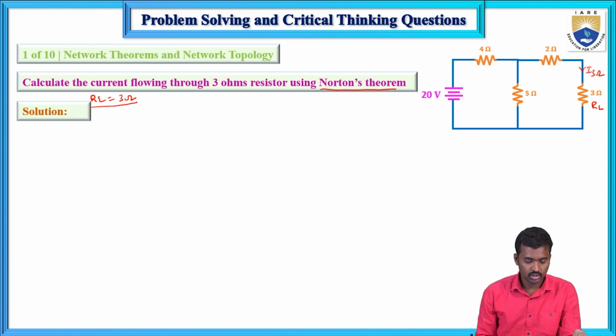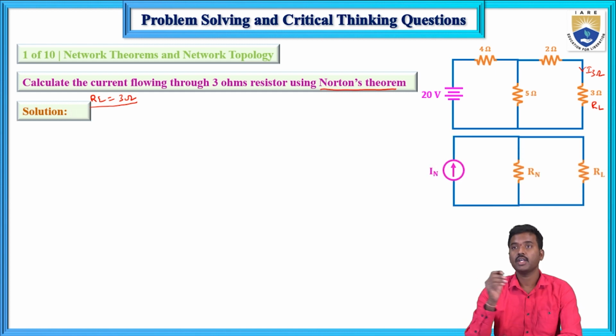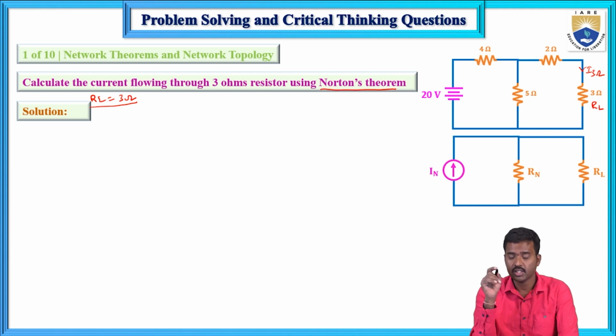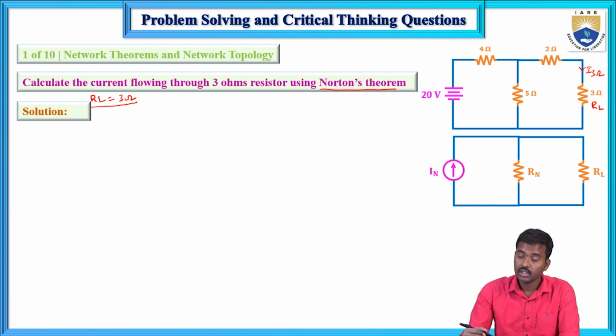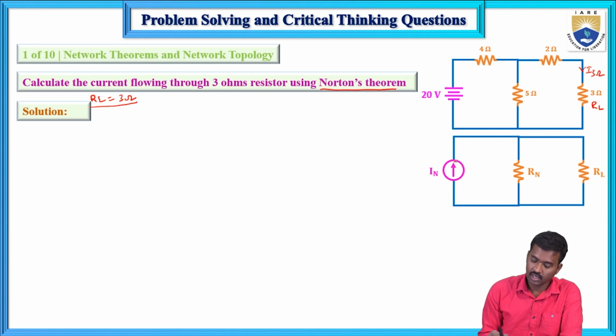So now the solution for this. Norton's theorem states that in a linear network, a number of voltage sources, current sources and resistors are replaced by a single equivalent circuit. That single equivalent circuit consists of a current source in parallel with a resistance.